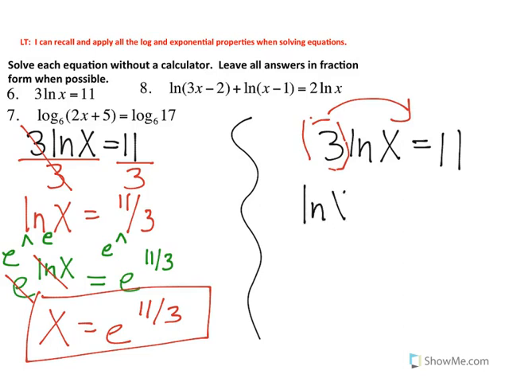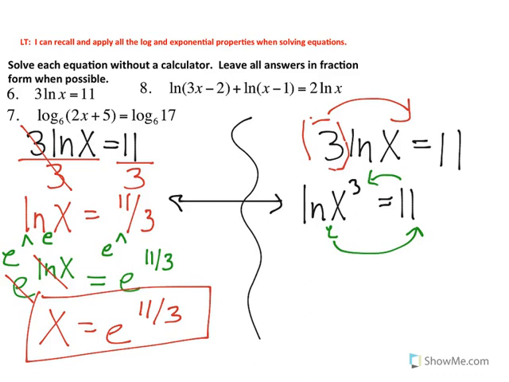I can rewrite this as the natural log of x cubed equals 11. Notice how we're pretty close to the same step here. Some of you might have looked at this and said, well, the base is e, so e to the 11th power equals x cubed. And maybe you went with your answer like that.